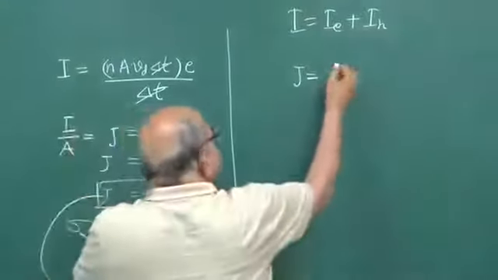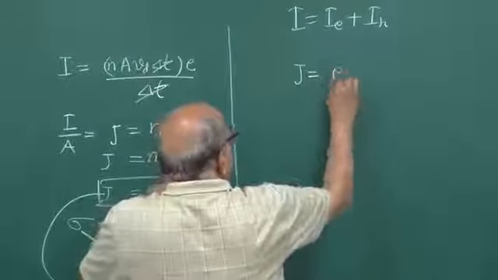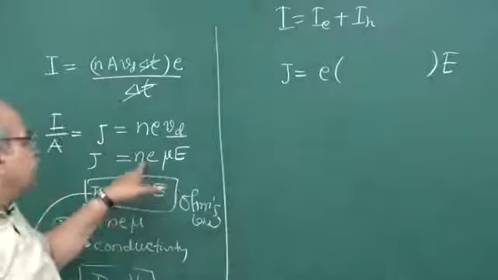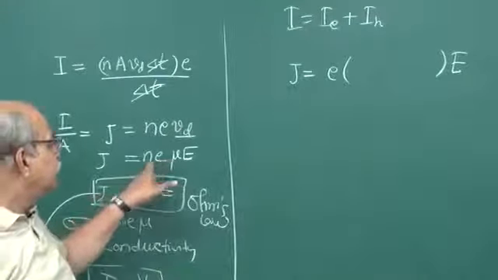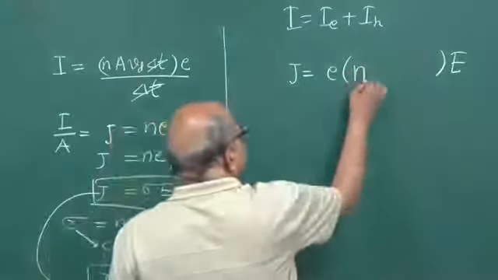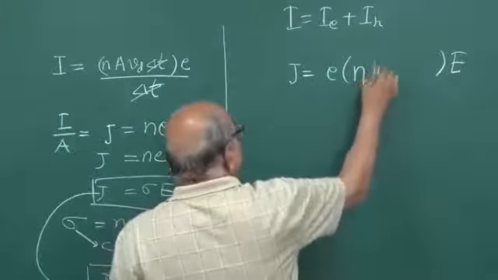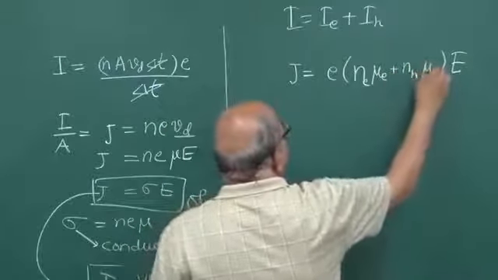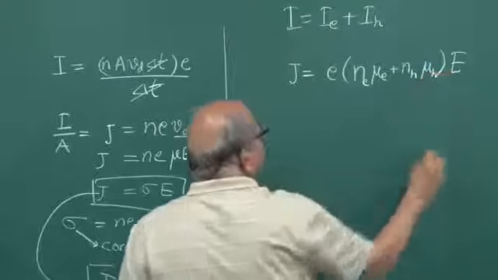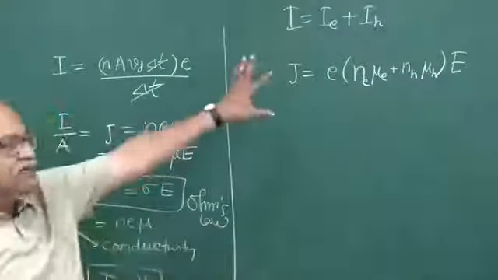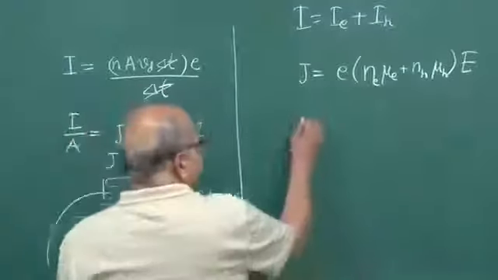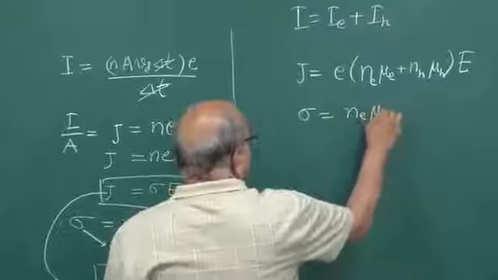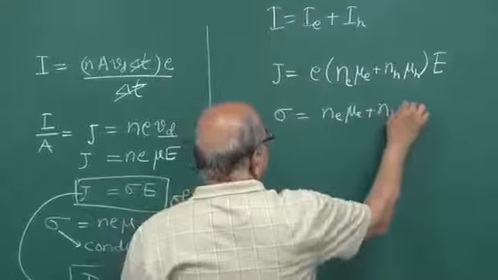So E and capital E can be taken out. Right, and then you have N and mu. So number of electrons and mobility of electrons plus number of holes and mobility of holes. So this will give you the current, and the conductivity will be Ne mu E plus Nh mu H.